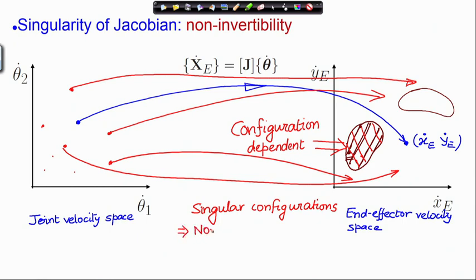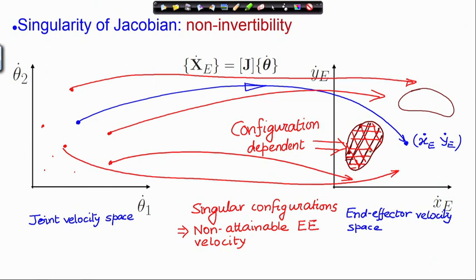So, we have non-attainable end effector velocity. These regions, which correspond to velocities which cannot be attained, are configuration dependent.